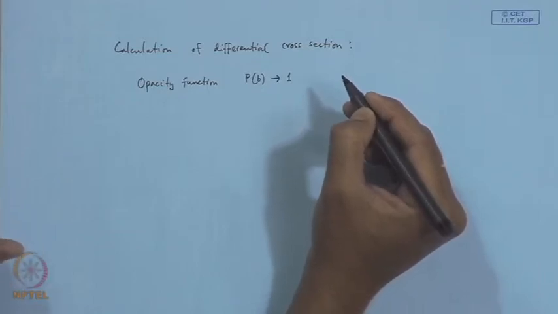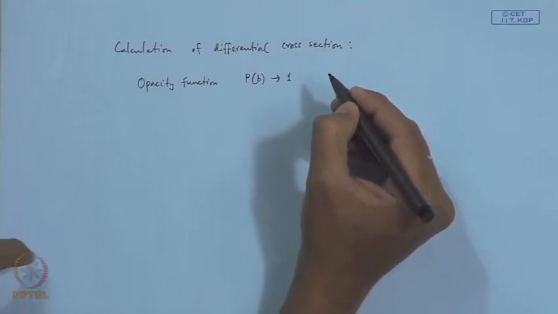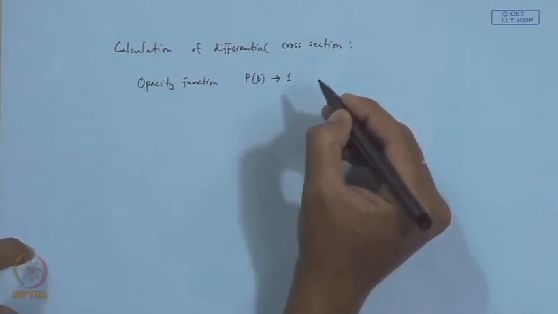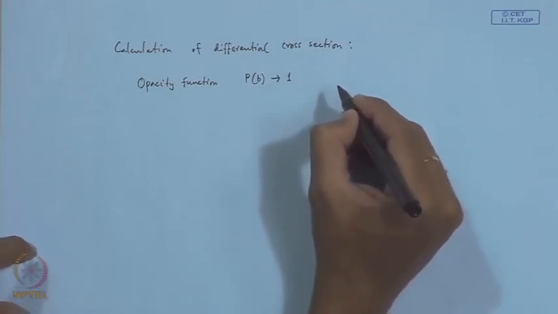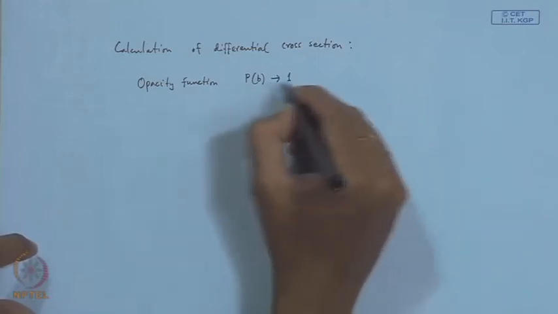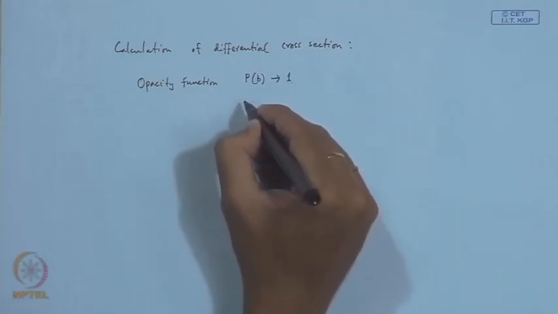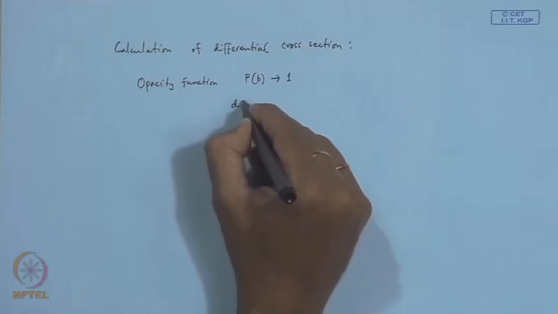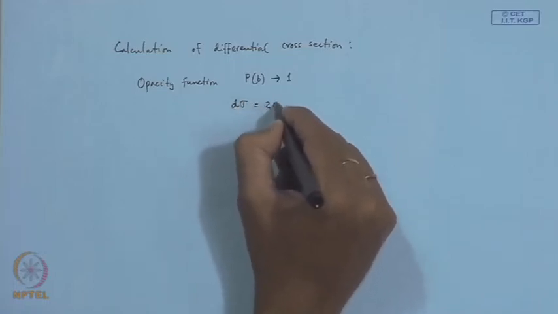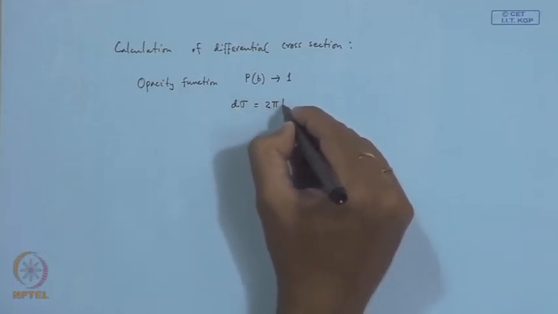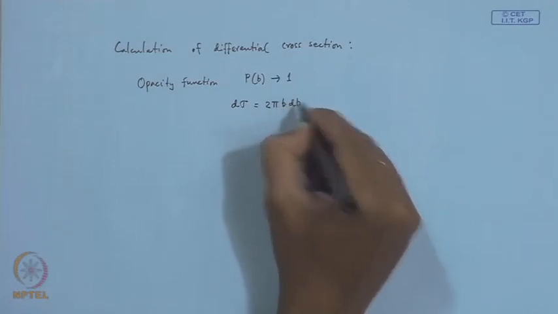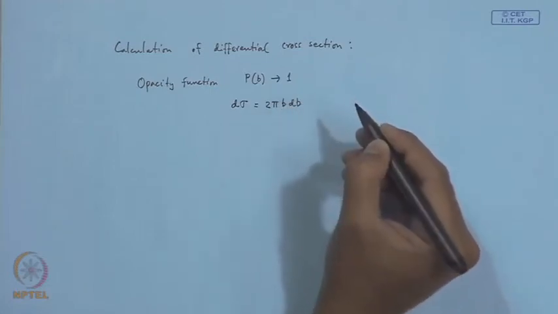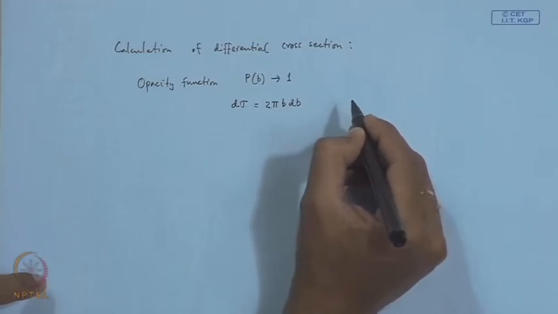In this case, if this is 1, then the differential cross section can be written as d sigma equal to 2 pi b db. You can check it, it can be written in this way.